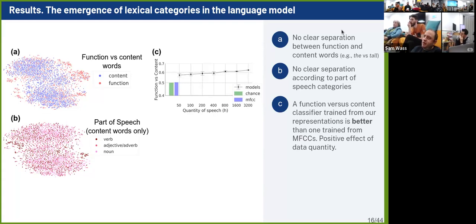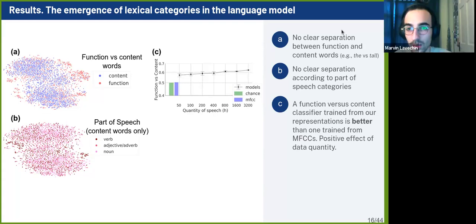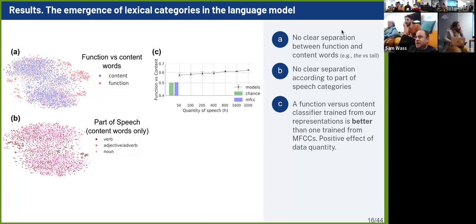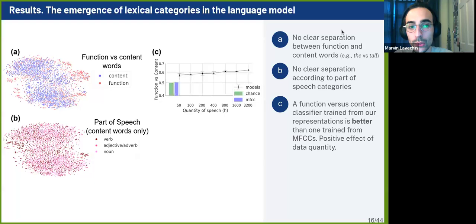Would you just want to explain what the axes are in those plots on the left? The axes are quite hard to interpret. Basically, the representations learned by the model are 256-dimensional vectors. So you have 256 numbers, which are super hard to analyze. This is way too complicated to analyze.